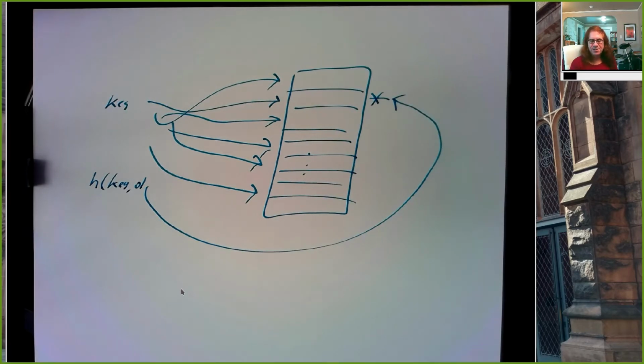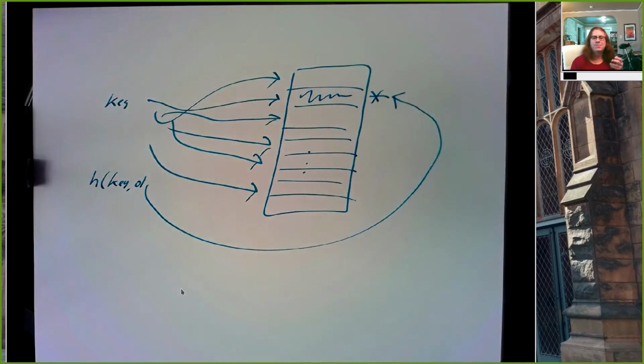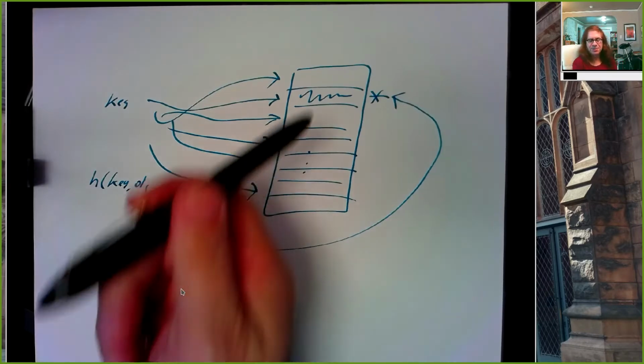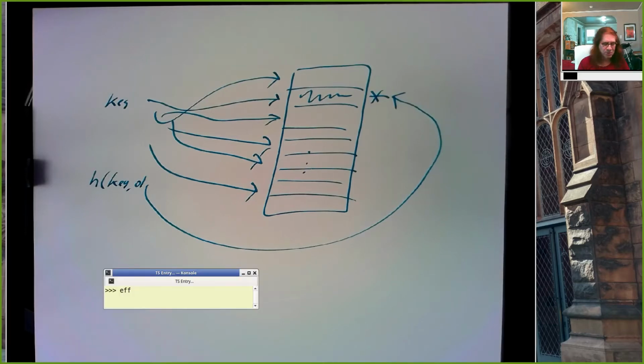So if that spot is in use and we rehash, what's the next spot it's going to try to store our key in? How does it relate to this first spot that we tried? One spot down.